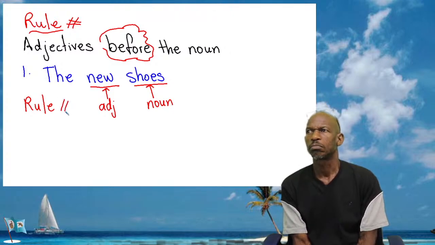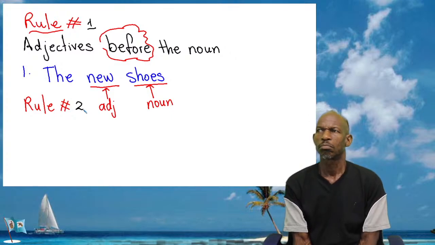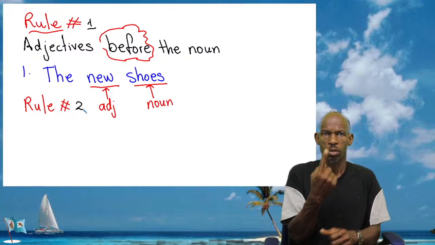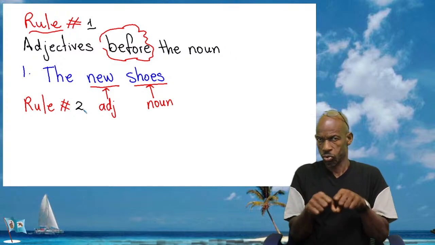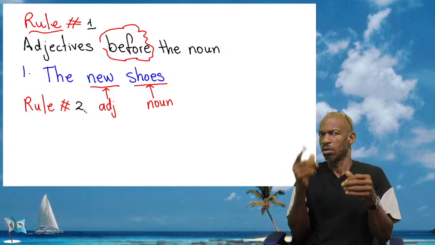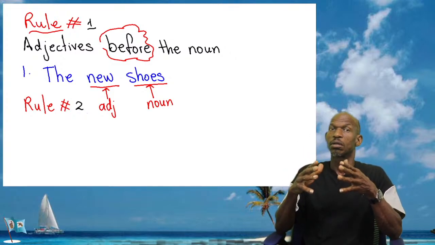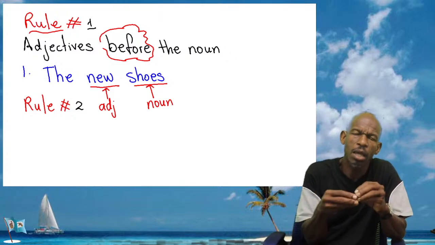And I just put a number, number 1. And then I put number 2. Now the first one, the new shoes, that is not a sentence. The new shoes is not a sentence. In order for me to finish that sentence, I have to add some more words. I have to put my verb.